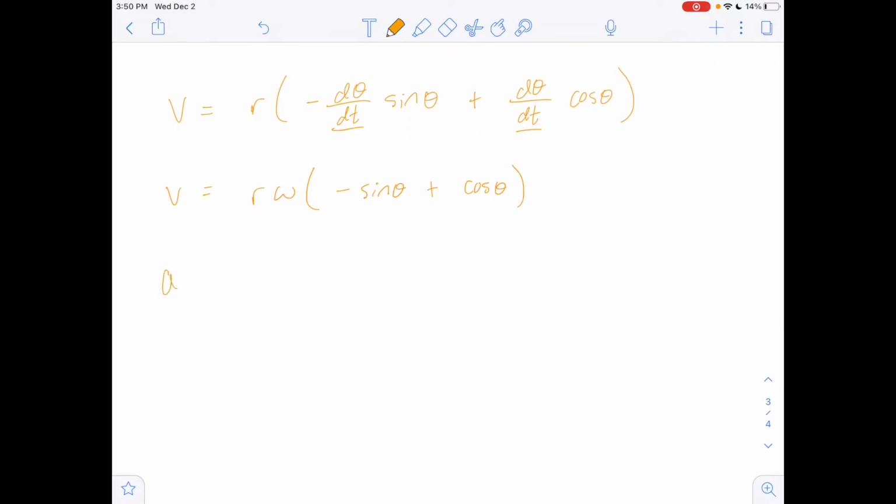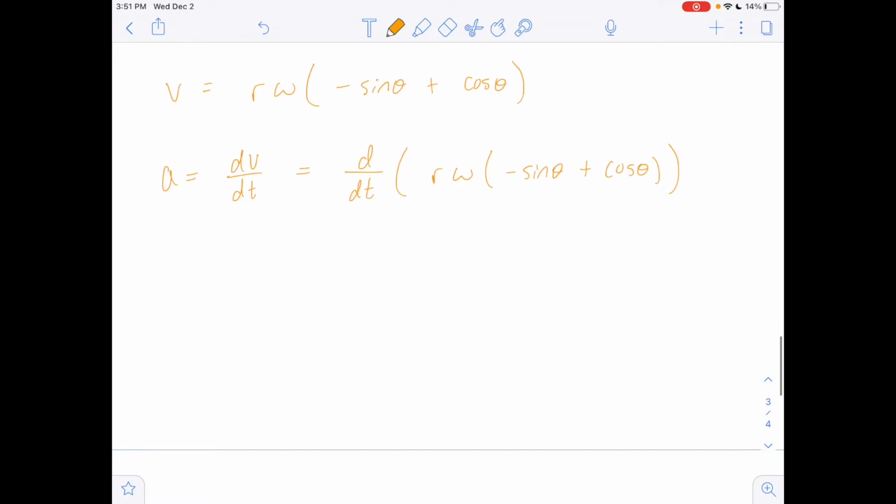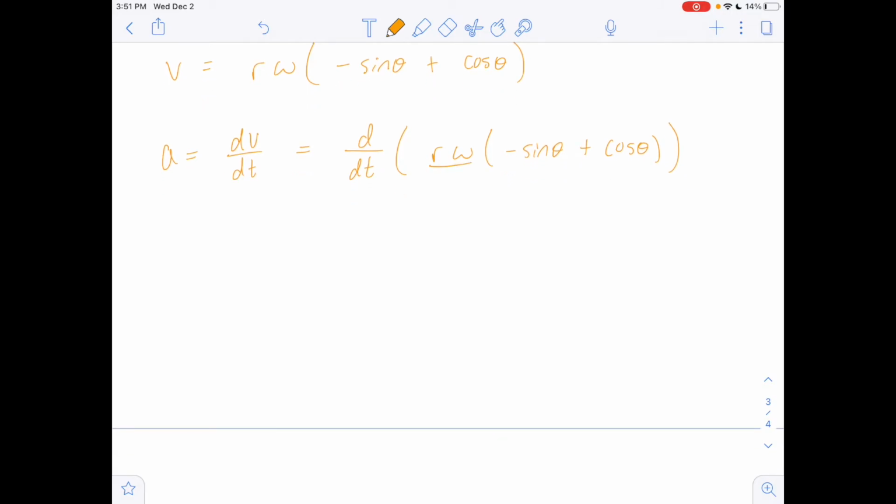And so now to get acceleration, we can take the derivative of that equation, dv dt. And so that is going to be d by dt of everything we just found. So r omega times negative sine theta plus cosine of theta. The r omega, we can take that out of the derivative.